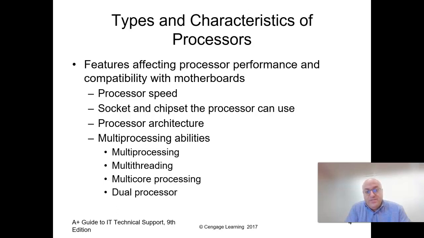Then the socket and chipset the processor can use. The processor architecture should have multi-processing ability, meaning you can run multiple applications. In the application, we have multi-threading and multi-core processing and dual processor. All right, so let us go see each one of those terminologies.